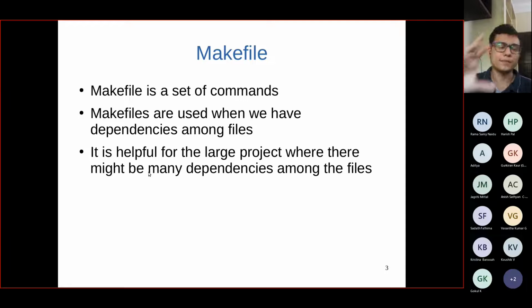The example I gave was a very small one, but consider a very large dependency tree. Makefile helps because you just need to resolve those dependencies and write them in the makefile only once, and you can run it as many times as you want whenever you want to run or demonstrate your project.